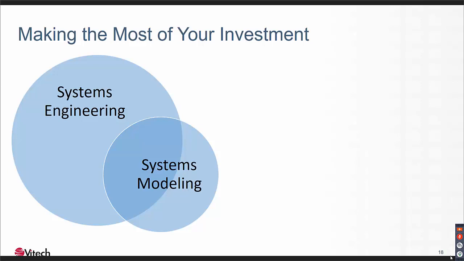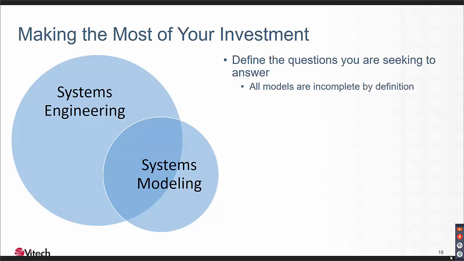That's not true. Our purpose is engineering, or more specifically, delivering value via the system of interest. Our purpose is not modeling. What we need to do is spend our emphasis in the overlapping piece of that Venn diagram, and then make sure that we tend to the other aspects of systems engineering.